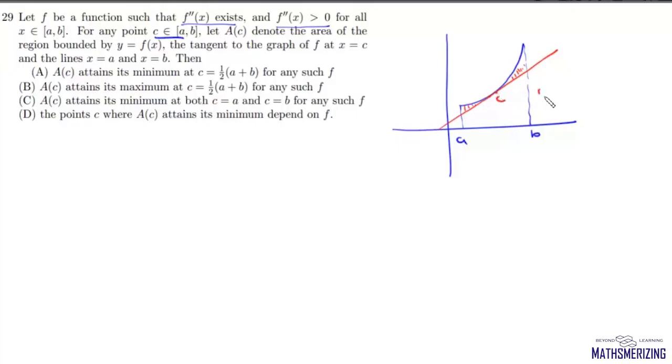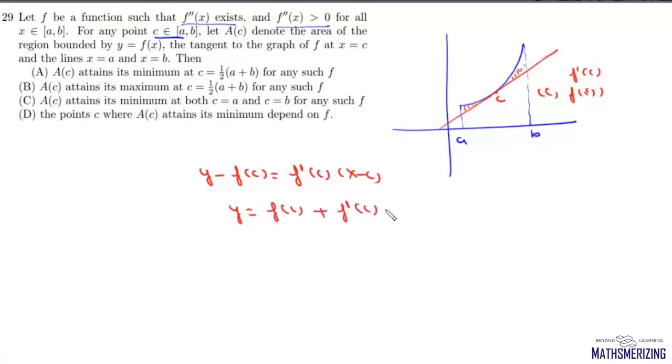Now we can write the equation of this tangent at c. This point will be (c, f(c)), and the slope will be the derivative f dash c. We can write this equation as y minus f(c) equals f dash c into x minus c, that is y equals f(c) plus f dash c into (x minus c). Now we have to write this area as a function of c.